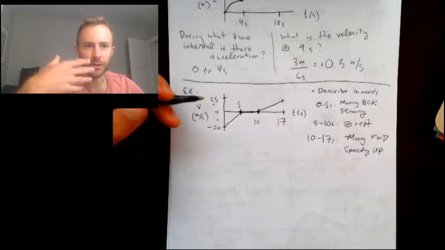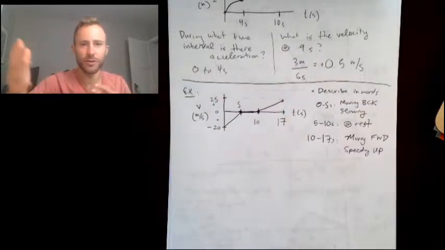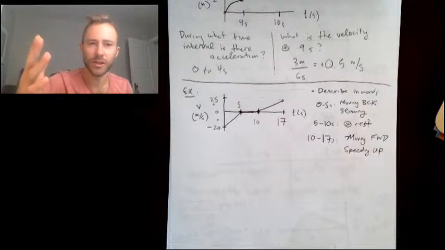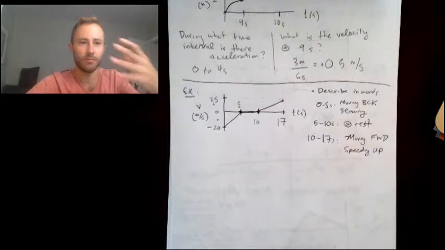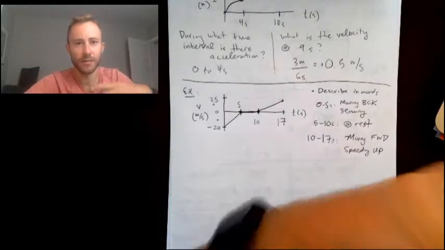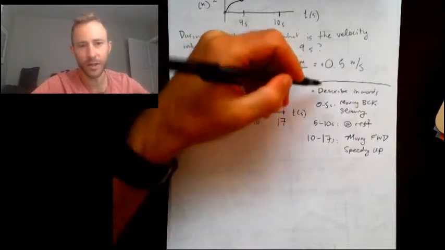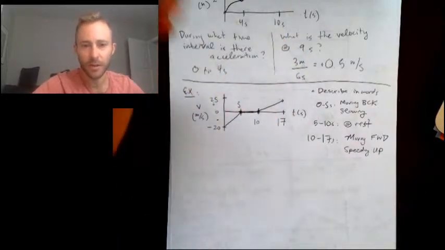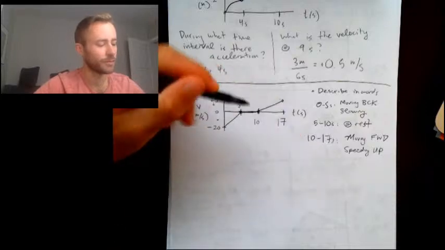So now let's get quantitative about this graph. There are 2 words that are used in science a lot: qualitative versus quantitative. Qualitative means describe it in words. Quantitative, it has quantity, means you're describing it in numbers. So this was a qualitative description of this motion.